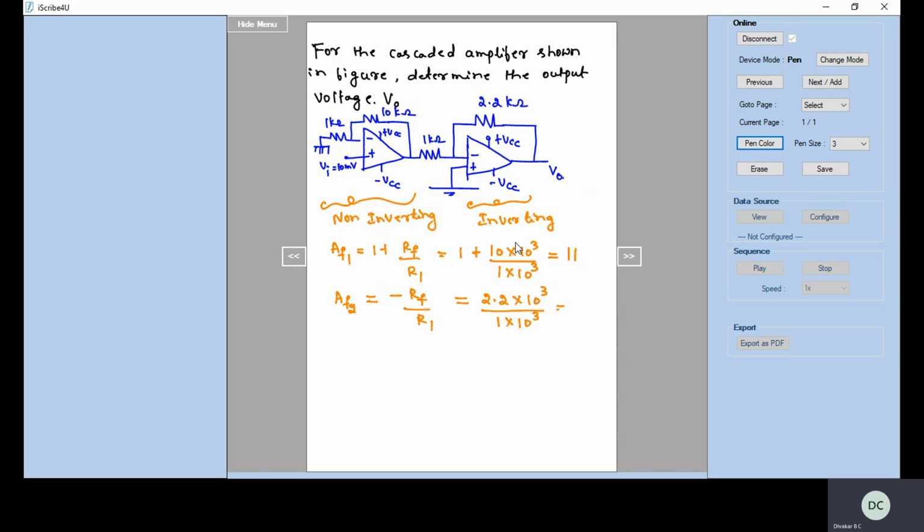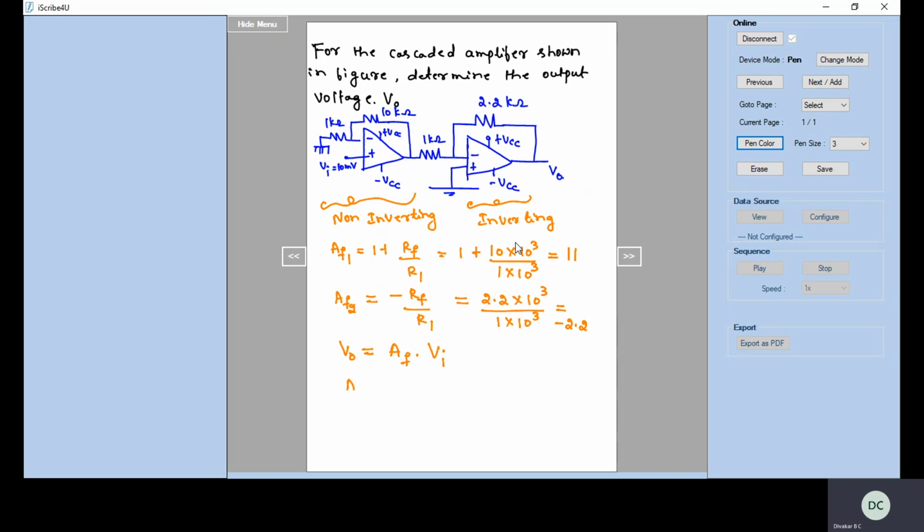So the gain is -2.2. Then the output voltage is given by V0 = AF × VI, where AF is the overall voltage gain.